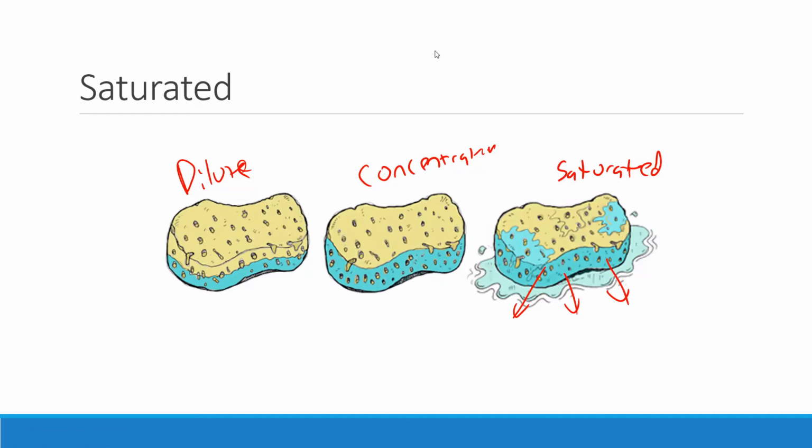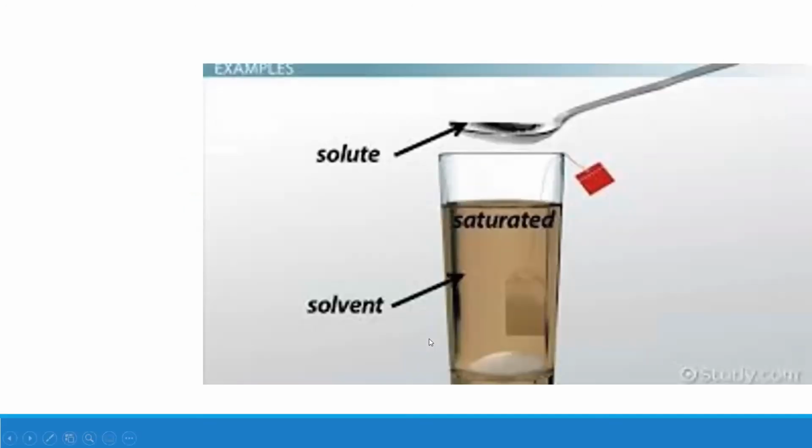It comes out of the solution. So those are three ideas here: dilute, concentrated, and saturated. Now, if you do get something that's saturated, it will, as Phoenix said, sink to the bottom and chill out. So this is so saturated that the sugar sinks to the bottom.